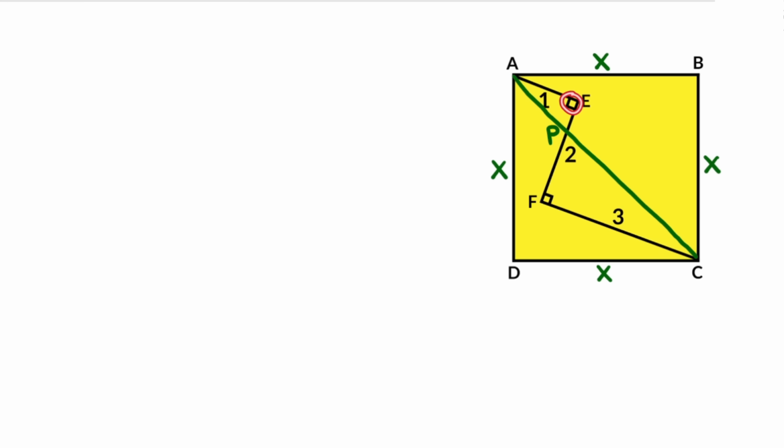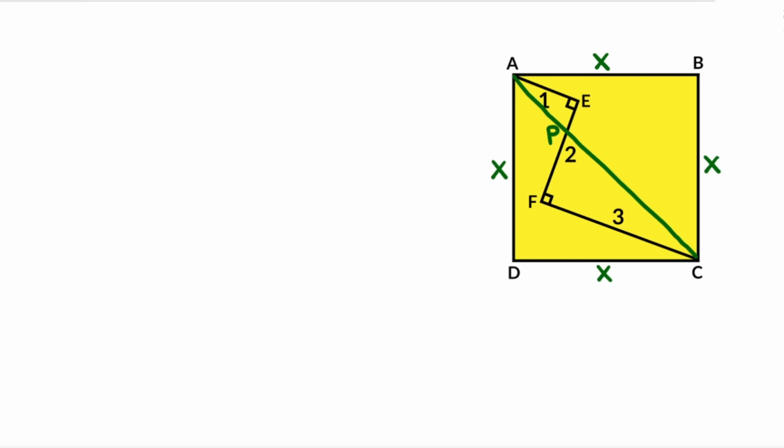They each have a 90-degree angle, and when 2 straight lines cross, the opposite angles are equal. So the angles at P are equal as well. That means the 2 triangles have 2 equal angles, and therefore they are similar triangles. That's the crucial observation.